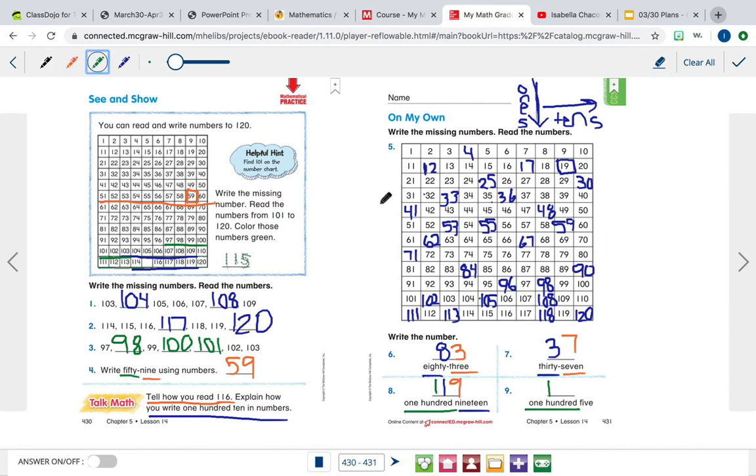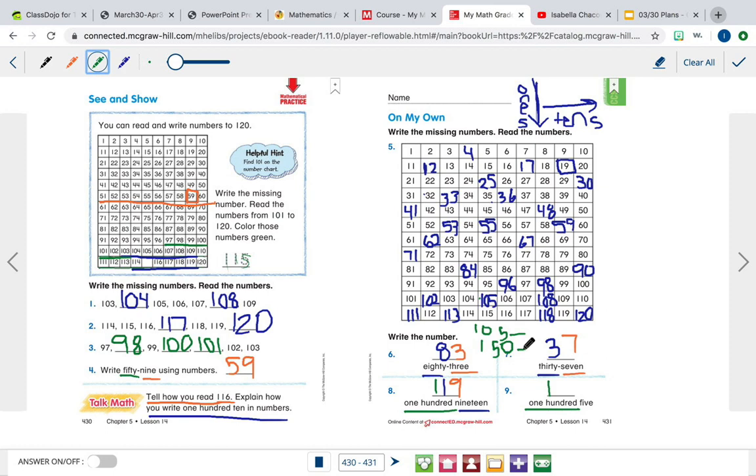So will 105 look like this? Or will it look like this? Will it be this one or this one? Point to which one you think it is.